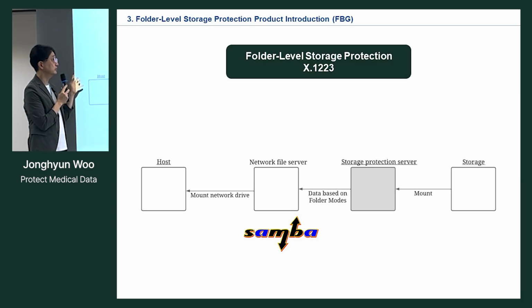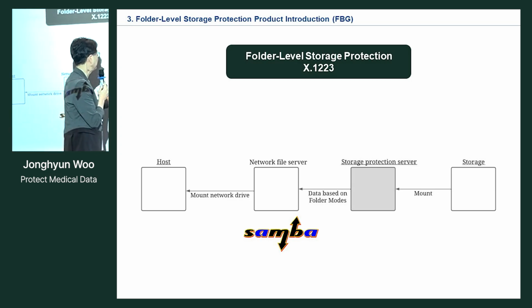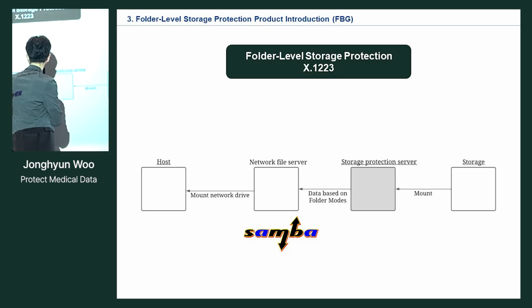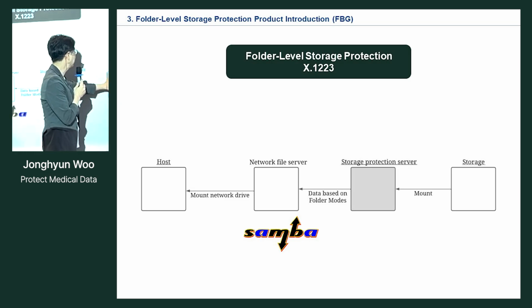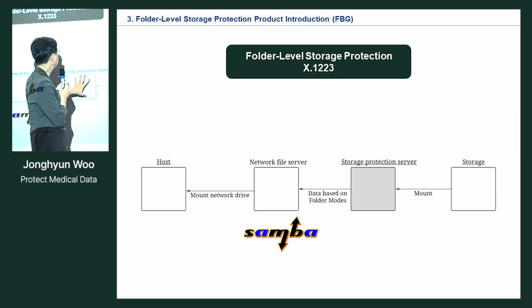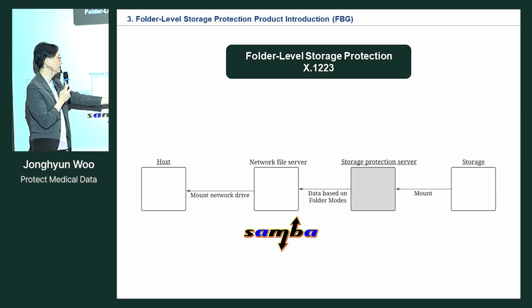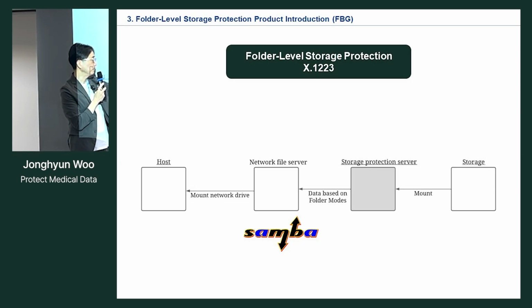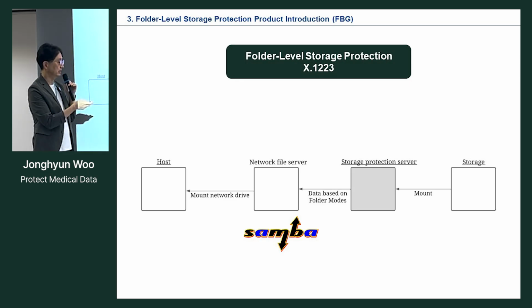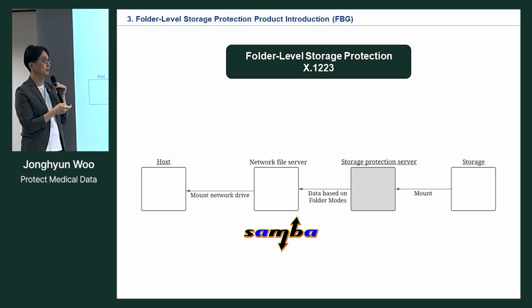Compared to the application level storage protection, the structure of the folder level storage protection is slightly different. It is based on Samba, but the storage protection server is located in the middle, between your typical file server and the storage. By placing the examination layer behind your Samba file server and before the storage, it gives a protection layer to your typical Samba file server.